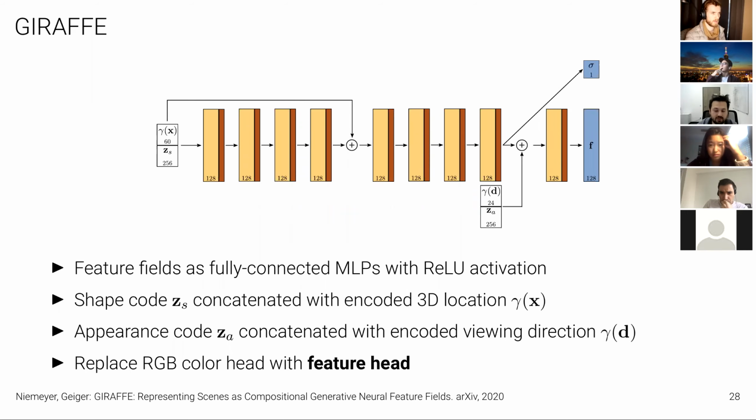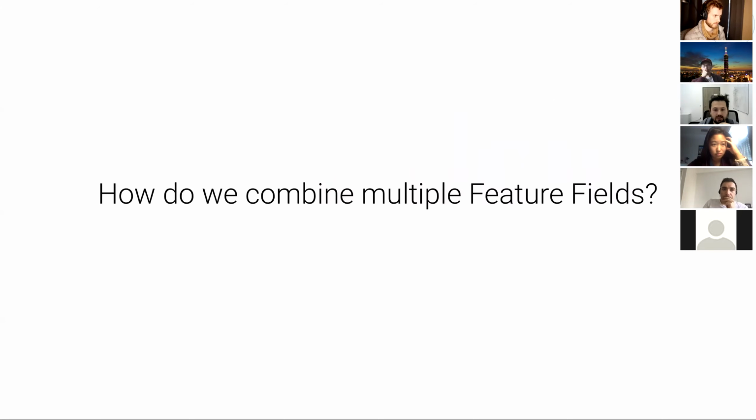We have a separate feature head this time, where we give in the encoded viewing direction and the sampled appearance code. Instead of regressing RGB color values, we learn a feature vector of a specific dimension, in our case 128. So we replace the RGB color head with a feature head. Another interesting aspect is how we combine multiple feature fields.